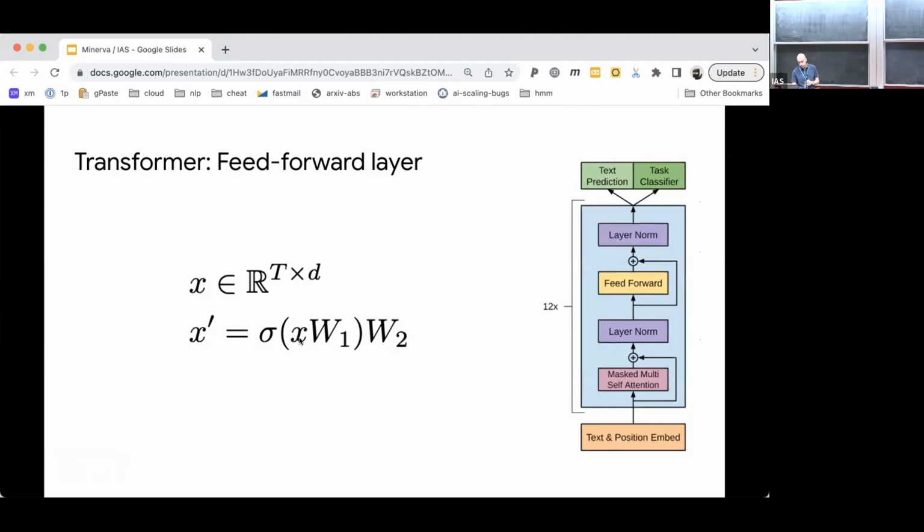So the first dimension of X is the sequence index or the token, and the second dimension is this internal representation of the token. We're going to have for each of these layers 2 weight matrices, W1 and W2, let's call them. So we have a linear transformation, then we have some nonlinearity, something like ReLU, and then we have another linear transformation. So that's it for the feed forward. It acts separately on every token.